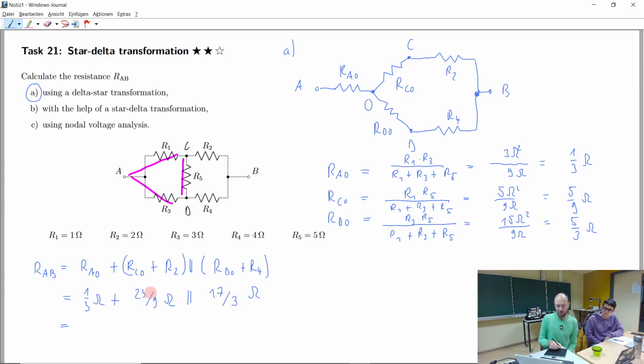Okay, and yeah, so now probably the difficult step here is to calculate this parallel connection. Because these are fractions, of course, we could do something like 9/23 plus 3/17.